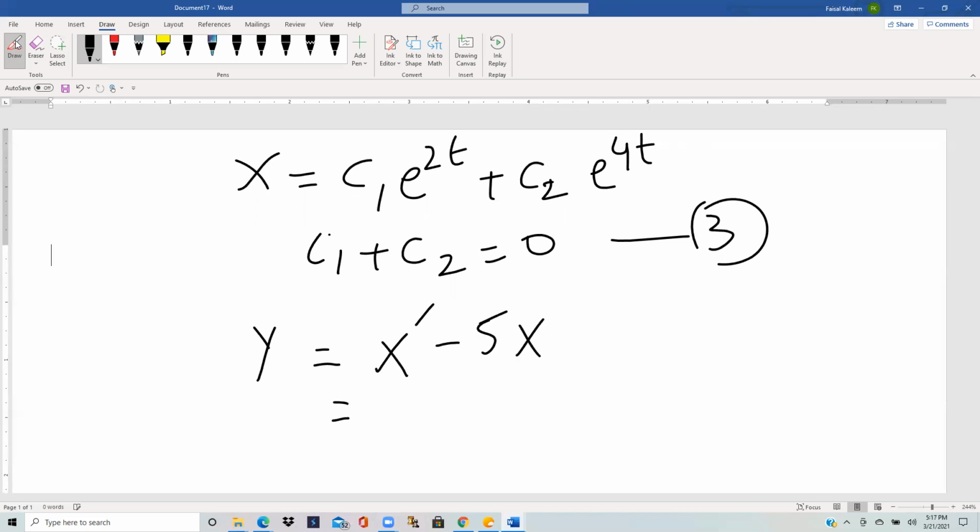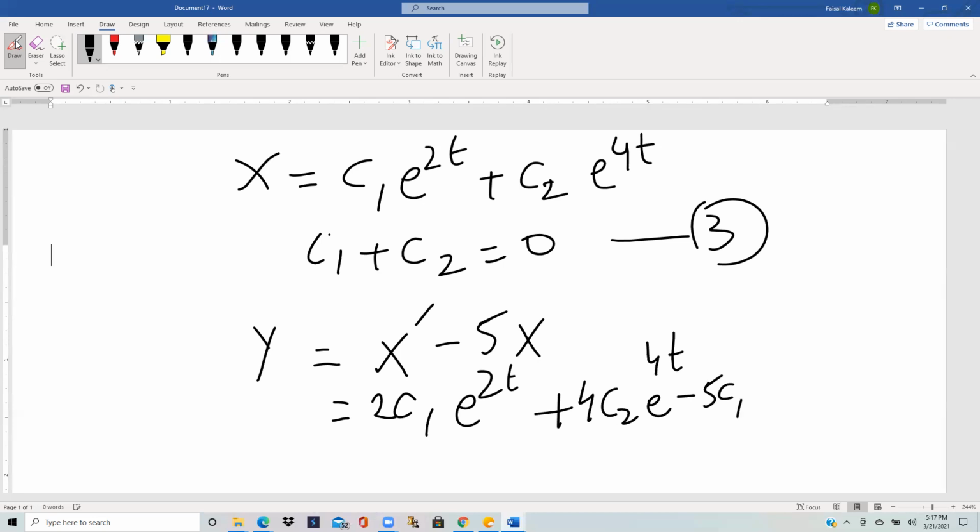So x prime would be 2c1 e to the 2t plus 4c2 e to the 4t minus 5c1 e to the 2t minus 5c2 e to the 4t.